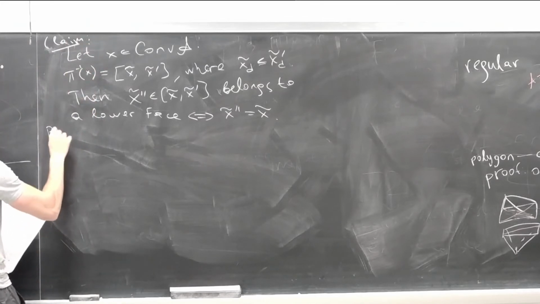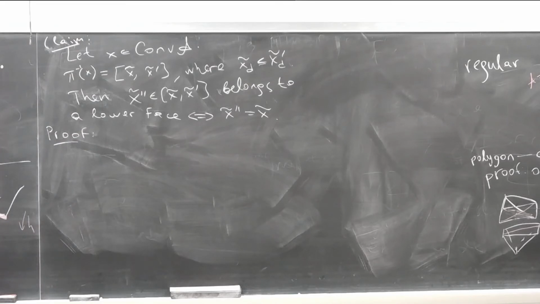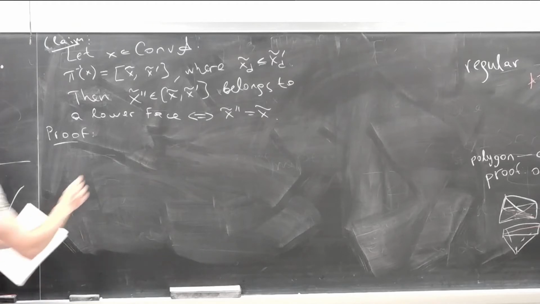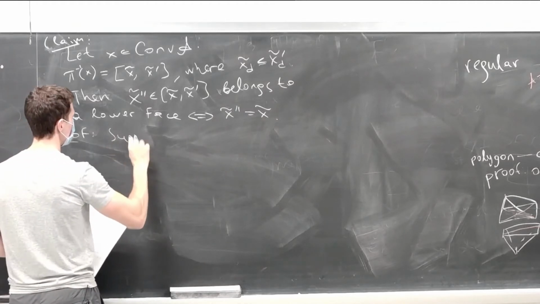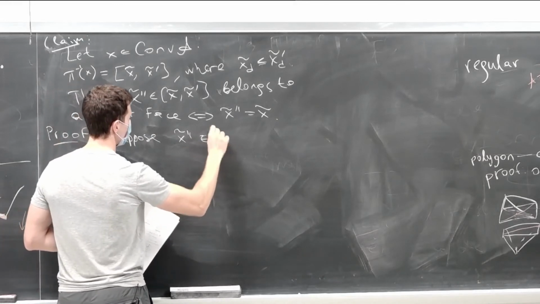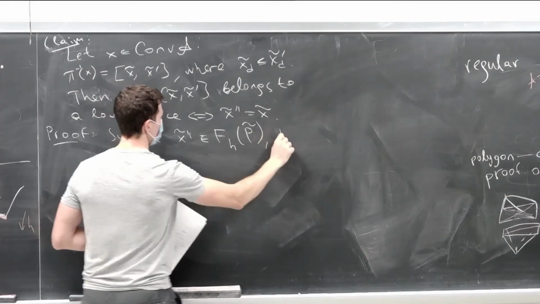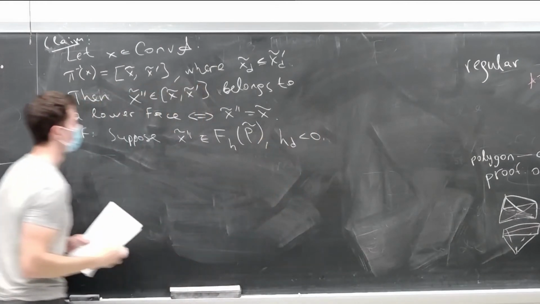How do I prove this claim? Suppose that x tilde double prime belongs to F sub H of P tilde, where H_d is negative.